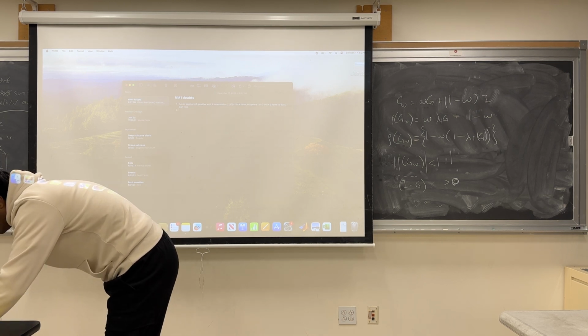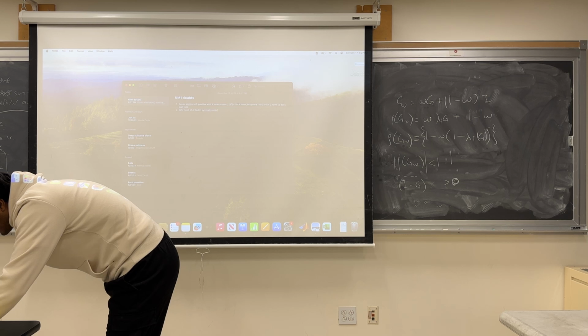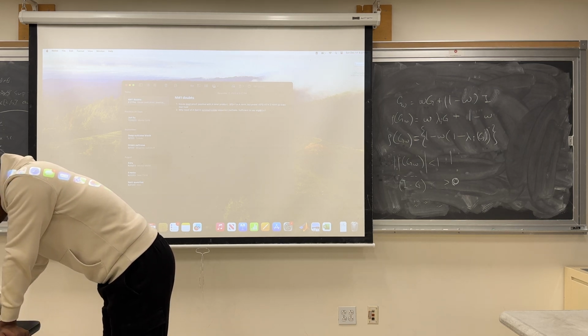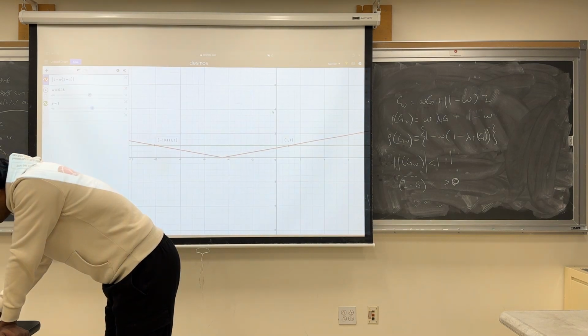Next is why the need of SPD in symmetrizable relaxation methods, if it is sufficient to say the eigenvalues of G are less than 1. Okay, that's my second question.